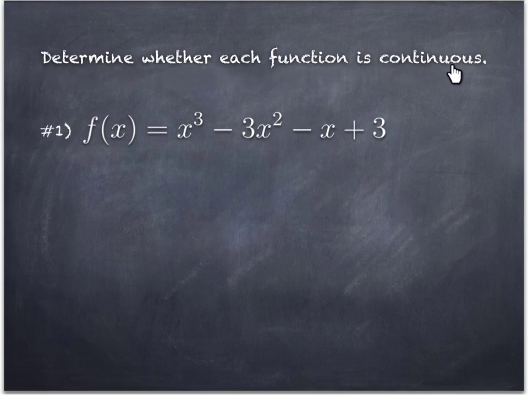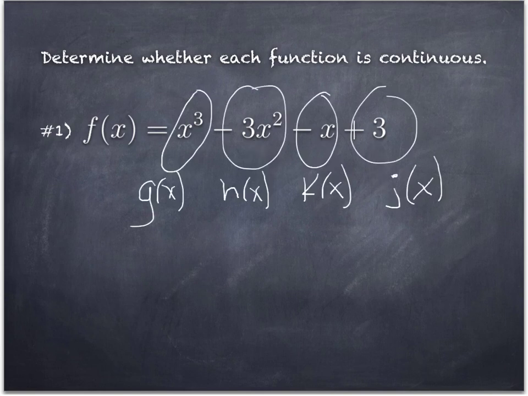Determine whether each function is continuous. Well, this function is composed of actually 4 functions. 1, 2, 3, 4. Let's examine each of those individual functions. So we have g of x minus h of x minus k of x plus j of x. Well, is g of x continuous? Yes, that's a function that looks something like this. It's continuous. Is minus 3x squared continuous?